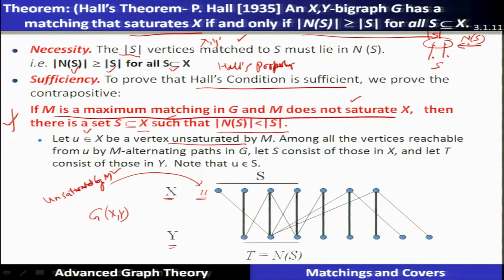So, we have to assume that this is the vertex which is unsaturated by the matching M. Now, among all the vertices reachable from u by an M-alternating path in G, we can reach T via an unmatched edge. Why? Because u is unsaturated, this is unmatched.